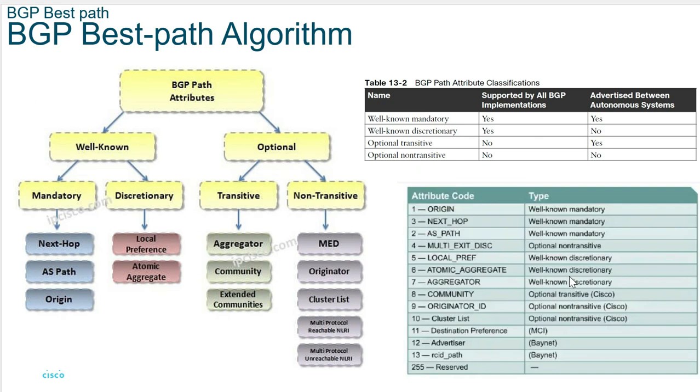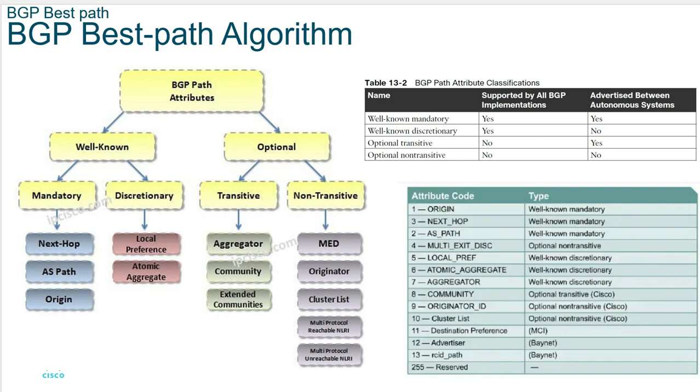So, any vendor or manufacturer that wants to participate in producing BGP enabled products, they should be able to support all the well-known attributes. So untuk well-known ni pula, dia can be either transitive or mandatory or discretionary. Untuk mandatory, that means it will be advertised between the AS. Untuk discretionary, it will not be advertised between the AS.